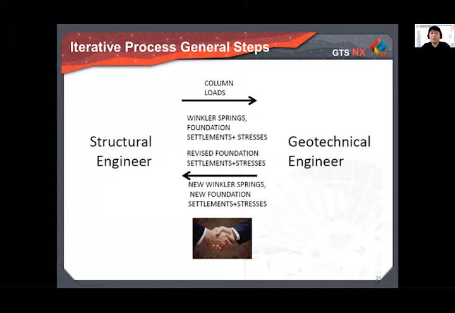Then the structural engineer runs their model and determines the foundation settlements and the stress under the raft. They compare with the geotechnical engineer, and either they agree, or the geotechnical engineer needs to revise the springs and come up with new foundation settlements and stress. This process keeps going until the settlements between the structural model and the geotechnical model converge.